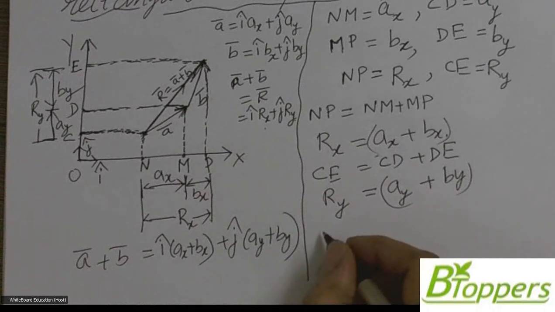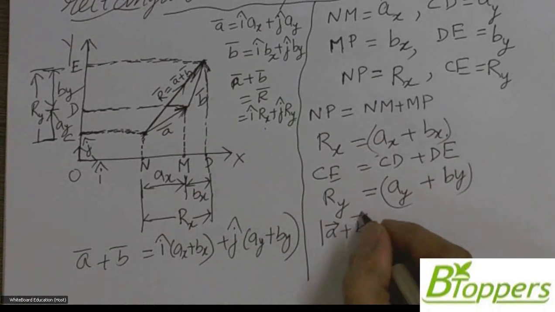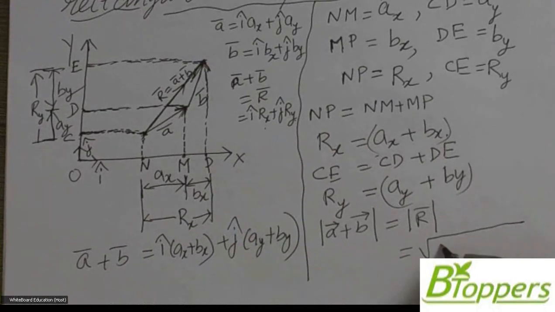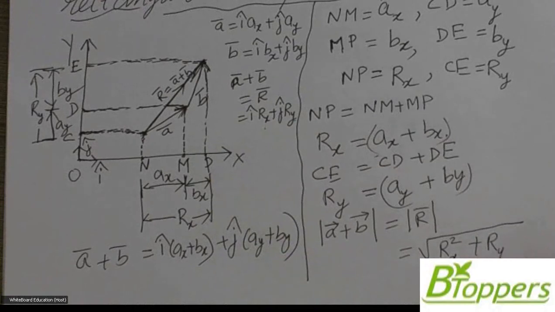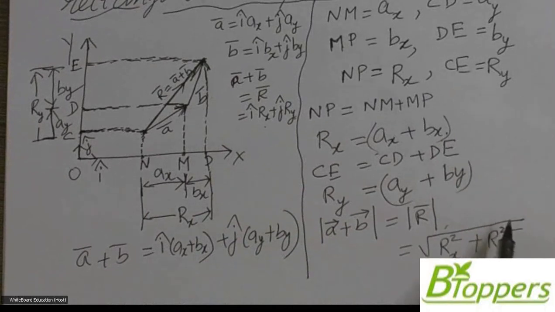So to find the magnitude of the resultant of A bar and B bar, or we write modulus of R bar, we can write it as under root of Rx square plus Ry square. Again, here also we can write Rx equal to Ax plus Bx, Ry equal to Ay plus By.